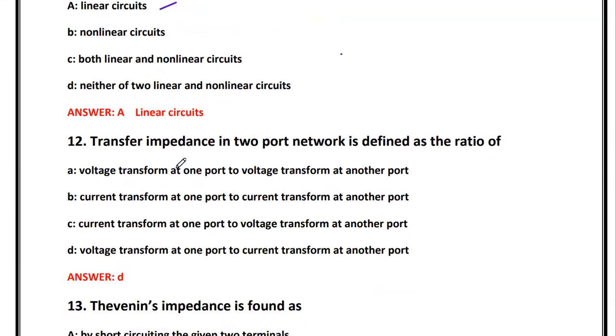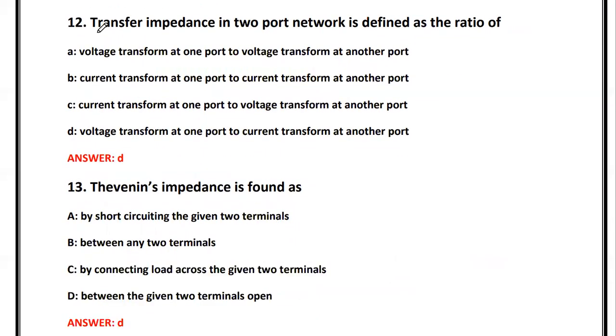The next question, transfer impedance. Transfer impedance in a two-port network is defined as the ratio of voltage transform at one port to voltage transform at another port, that is V2(s) divided by V1(s); current transform at one port to current transform at another port; current transform at one port to voltage transform at another port; or voltage transform at one port to current transform at another port.